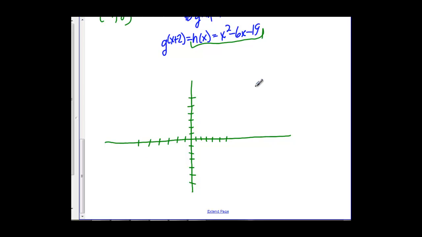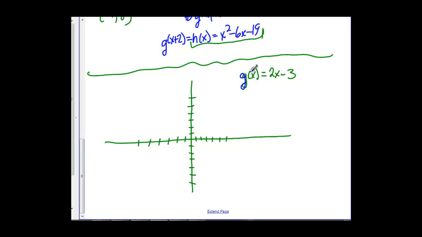All right, and let's say we want to look at, completely separate, g of x equals, I'm going to pick a line just to make it easier for me, so 2x minus 3.